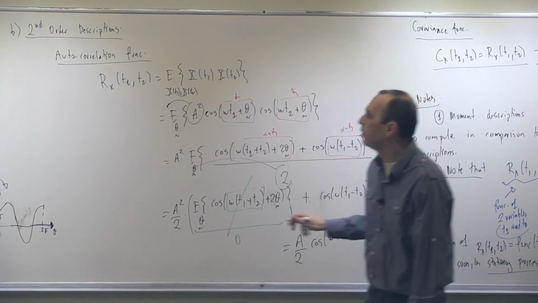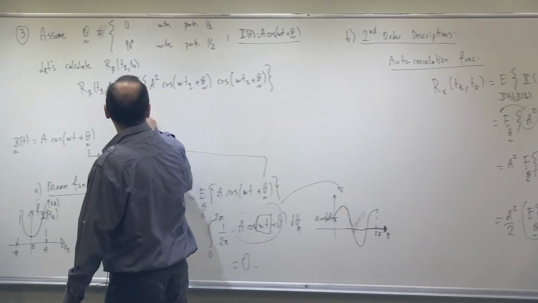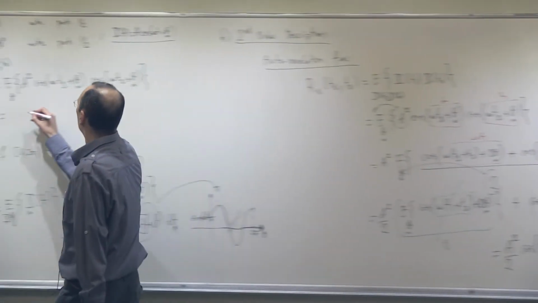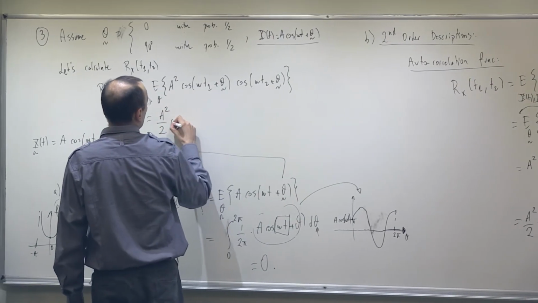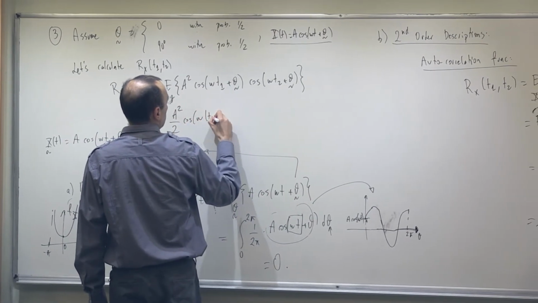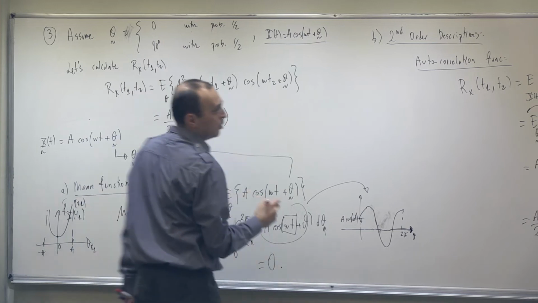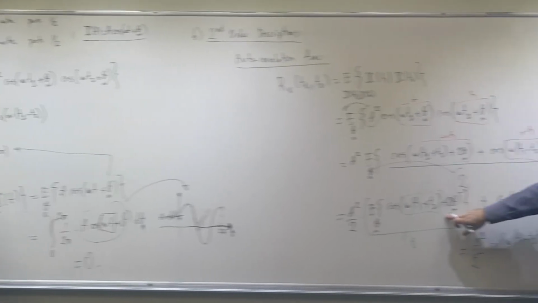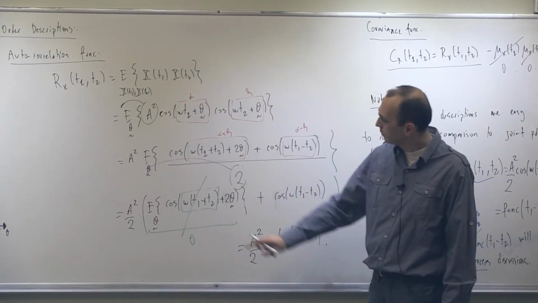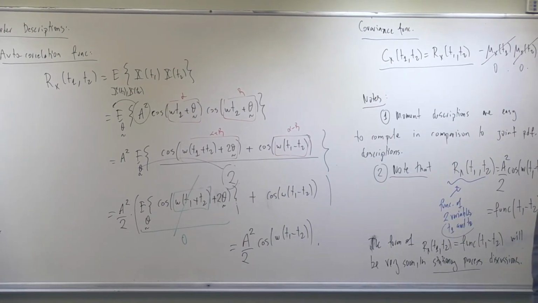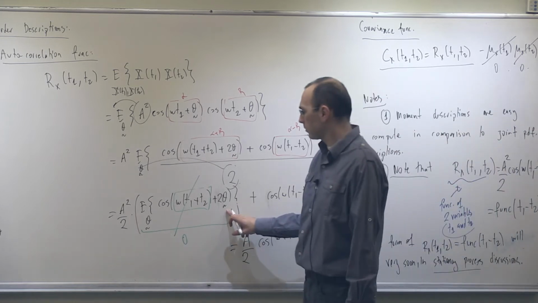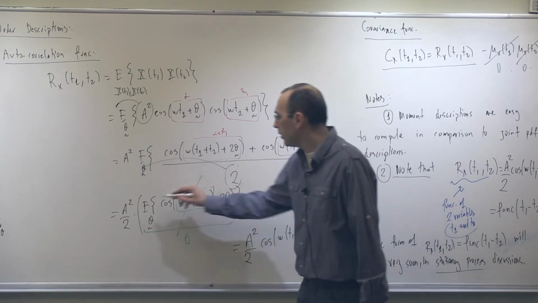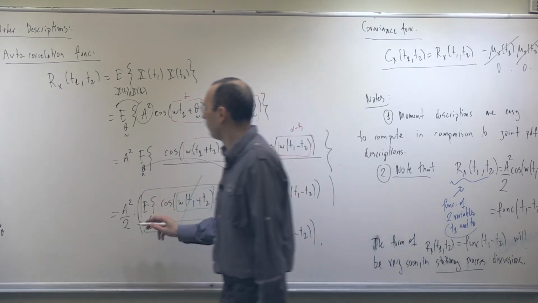So I have from there at least this term coming again. So I have A squared over 2 cosine T1 minus T2, this part. So this was 0. Do you think it is still 0, this expected value? Let's think about that. So how do you calculate this expected value?